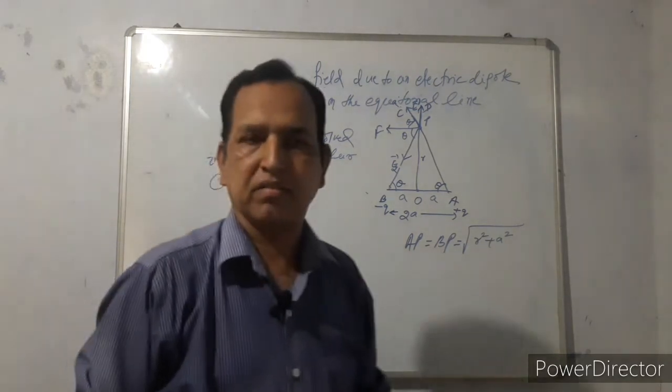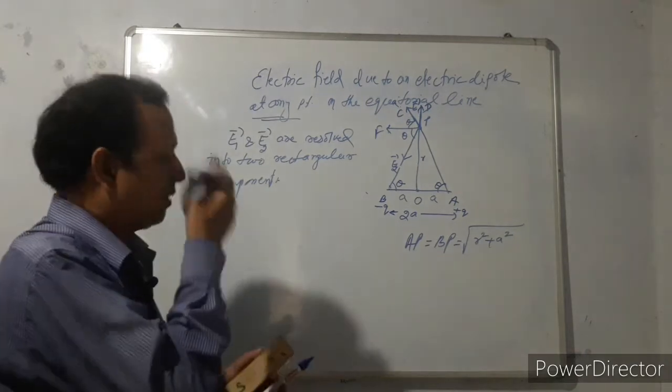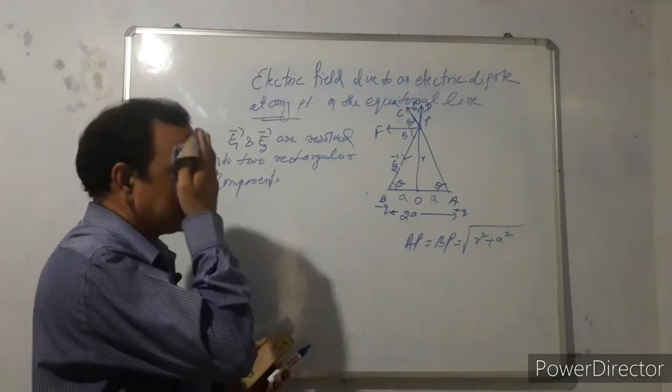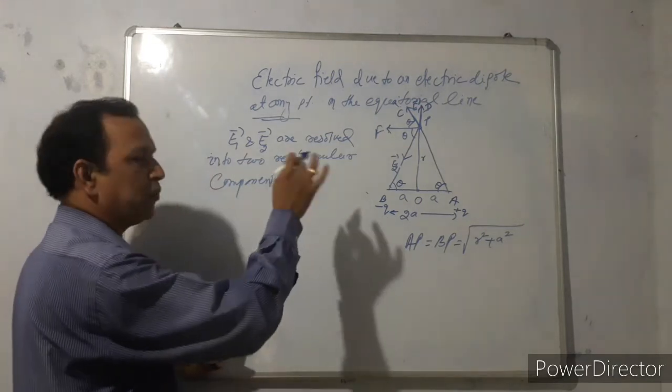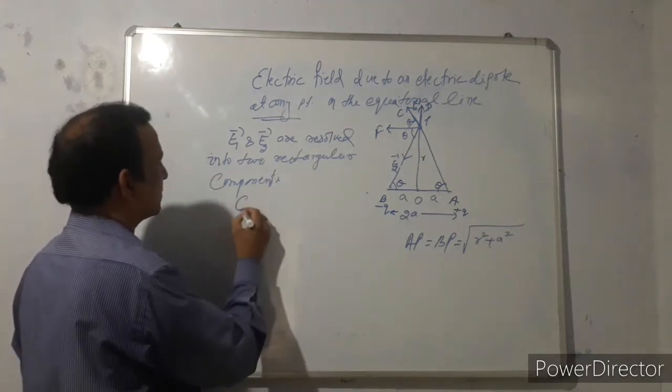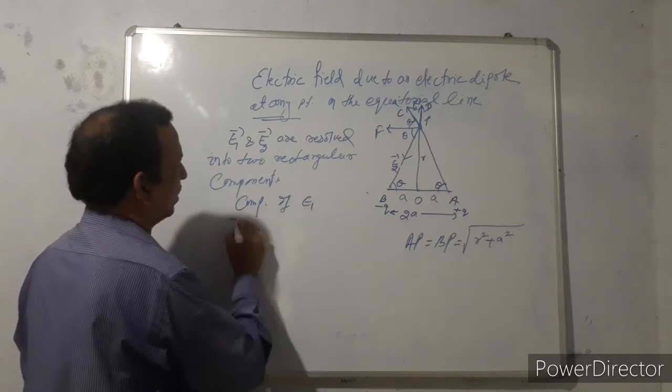What are the two components? One is E1 cos theta, the other is E1 sin theta, the components of E1.